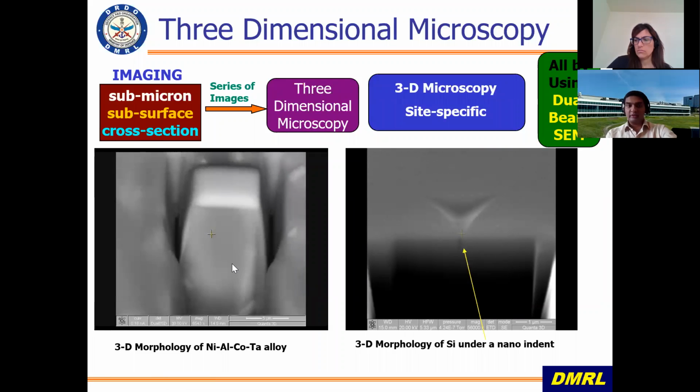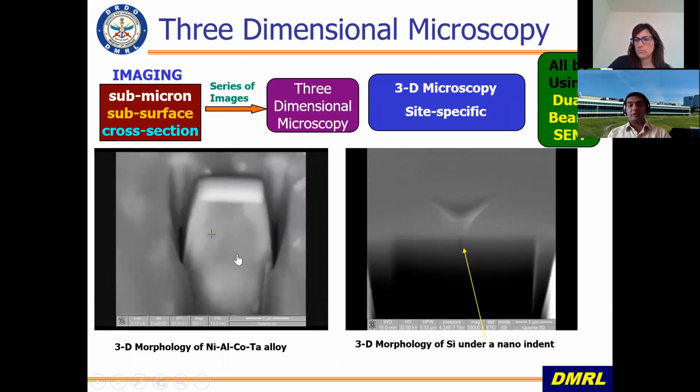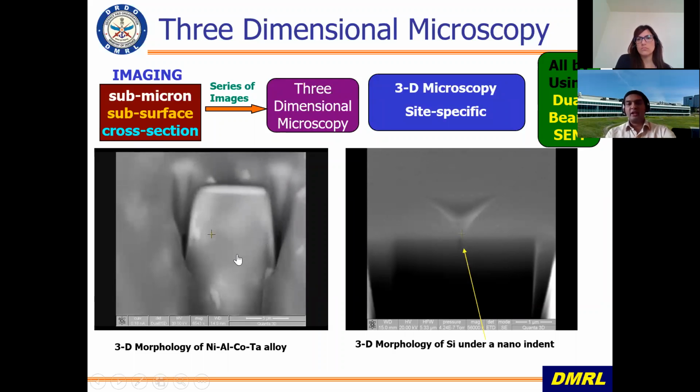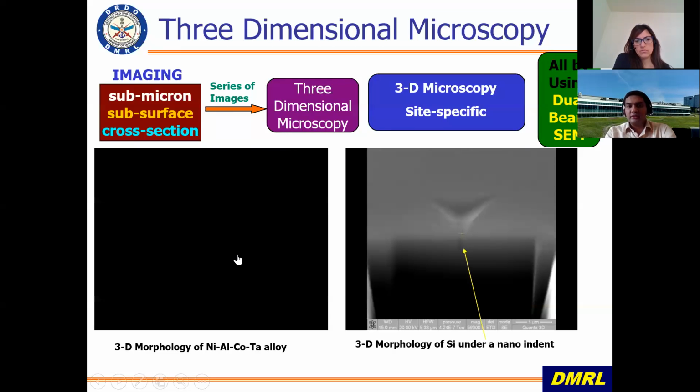This is just a video or animation to show that, but we can actually derive quantitative information by stacking these images together using software like Amira and others. So you can find the grain size of different phases and the porosity existing in the material. So this is one example.